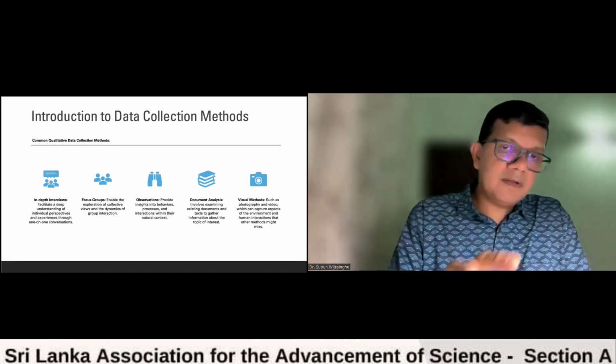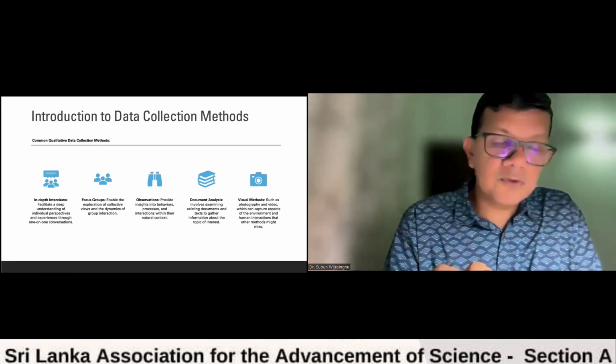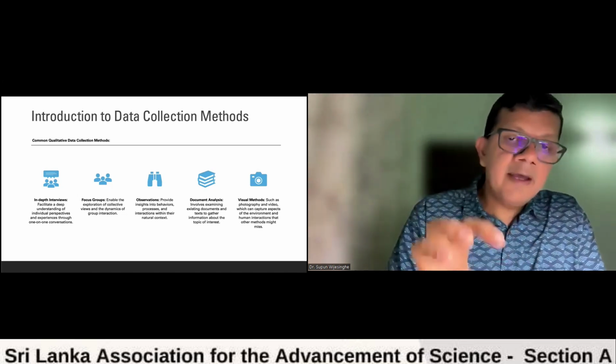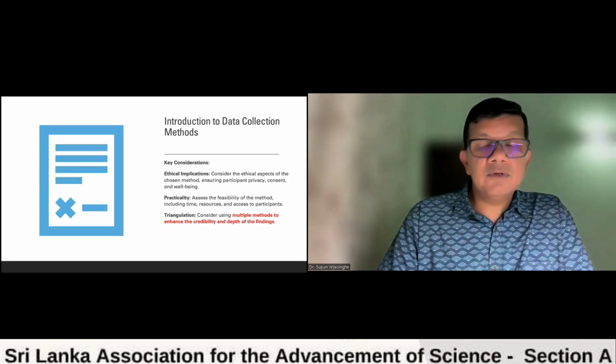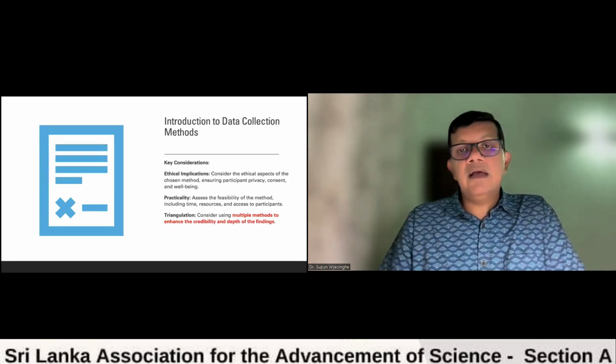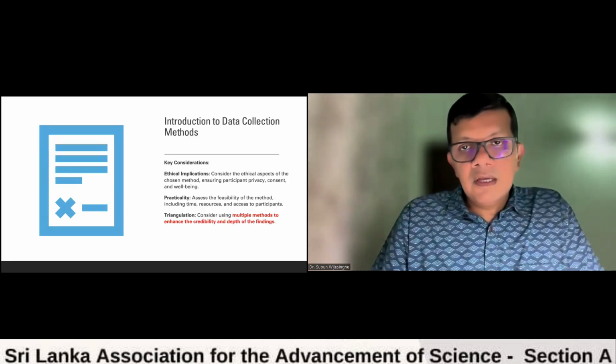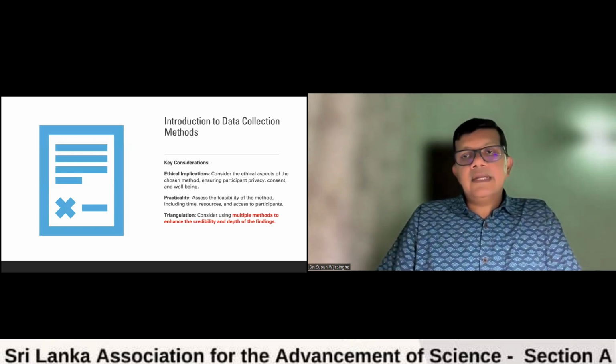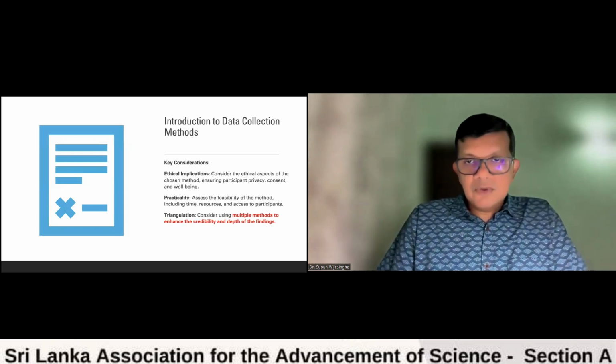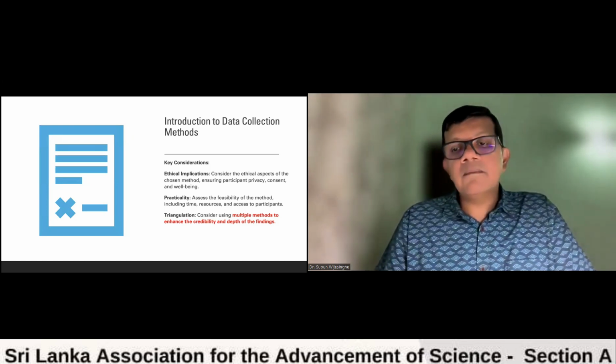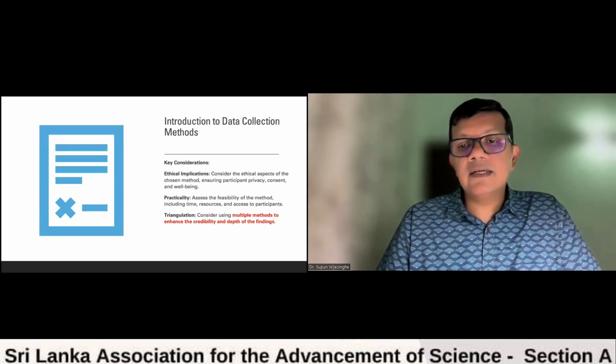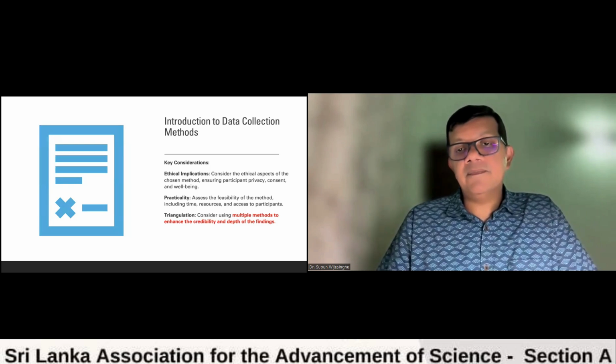Most of us do in-depth interviews or focus group discussions. So that is where most of our research is focused. Now, if you look at data collection methods, the golden rule is that using multiple methods enhances the credibility and depth of findings.